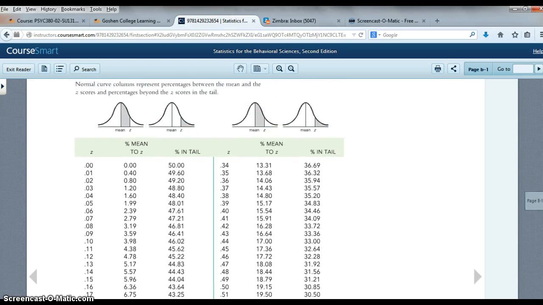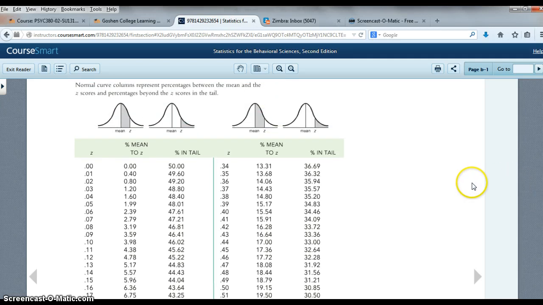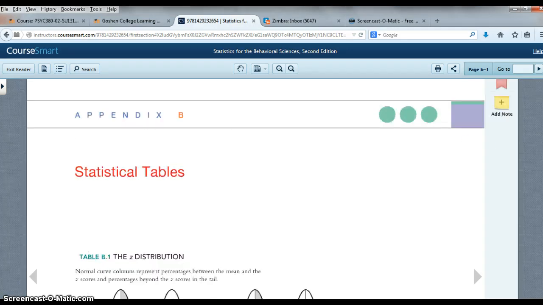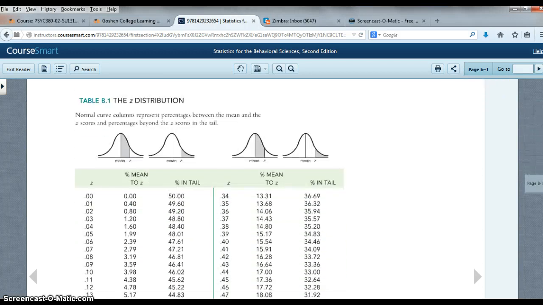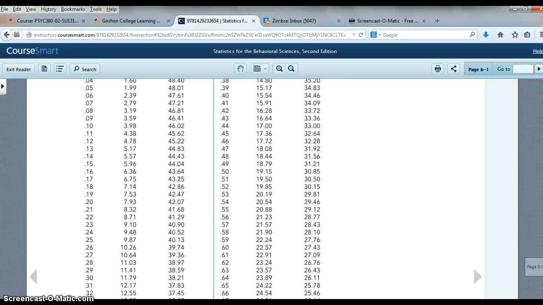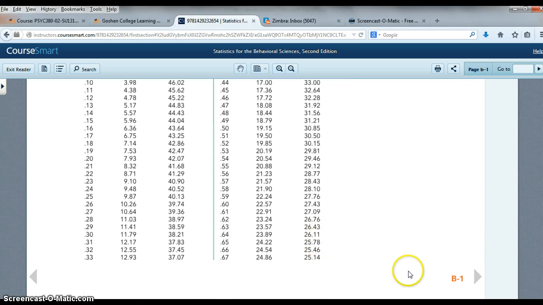We could do the same thing if we wanted to know, say, what the 15th percentile is. And in this case, we'd want to look at the percent in tail. And if you can imagine this being flip-flopped as a mirror image, then if we want to know 15% of the scores fall in the lower tail, it's going to be a negative z-score because we're talking about below the mean. And so we're going to look in that percent in tail column, and we're going to look for 15%. And it's not on this table because it goes all the way up to 25.